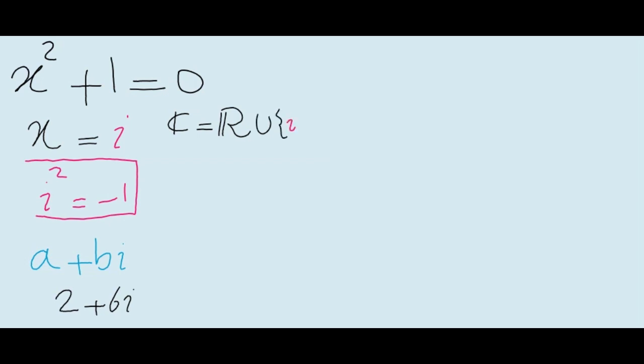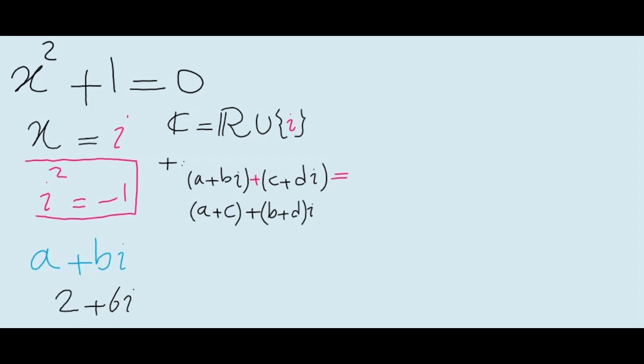Naturally, we must define the plus operator in this space like all the spaces we know. So we have (a + bi) + (c + di) = (a + c) + (b + d)i. The outcome has a real part and an imaginary part.